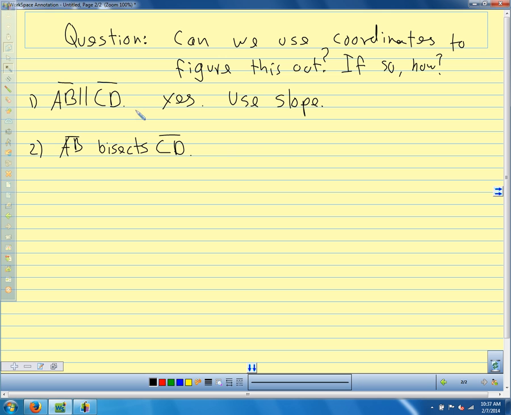Midpoint formula. So we could say yes, use midpoint. What else? Would we need another piece of information here? This question is a little bit vague. Would we need another piece of information here to decide if the segment bisected the other segment? What if my segments look like this?